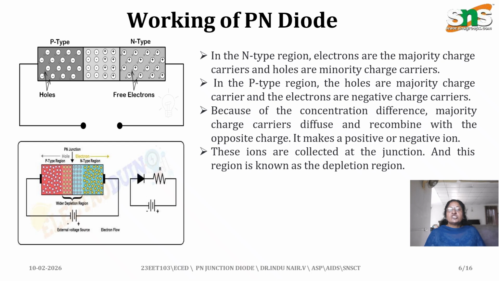In the N-type region, electrons are the majority carriers and holes are minority carriers. In the P-type, holes are the majority carriers and electrons are minority carriers. Because of the concentration difference, majority carriers diffuse and recombine with opposite charges. This makes positive or negative ions, which collect at the junction, and this region is called the depletion region.